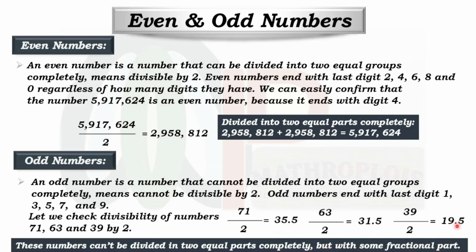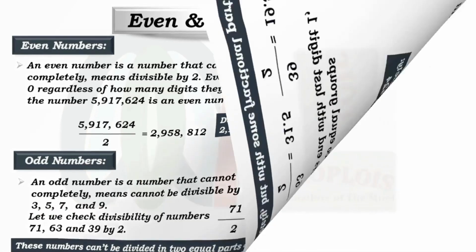So, these numbers that end with last digits 1, 3, 5, 7, and 9 and cannot be divided by 2 completely are odd numbers. Let us know how the whole numbers can be classified into different groups.